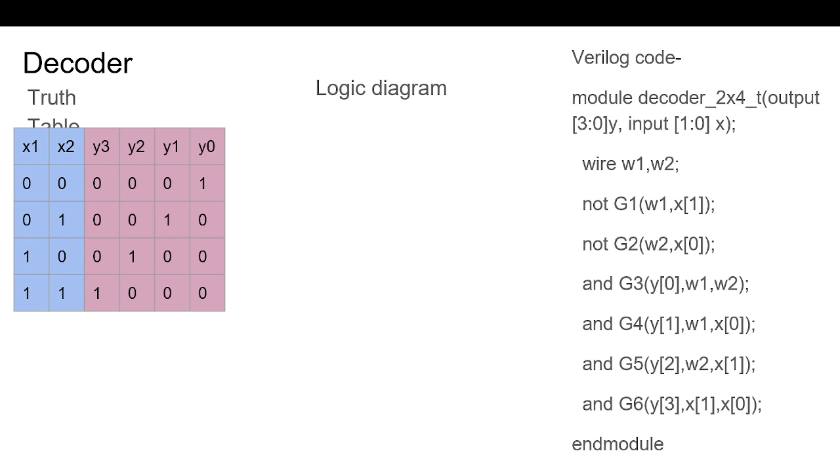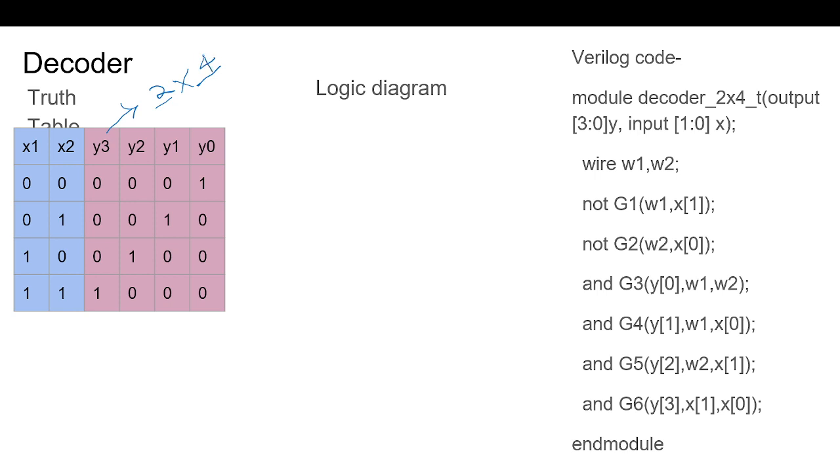This truth table is for which type of decoder? How many inputs and how many outputs? Yes, this is a 2 cross 4 decoder.